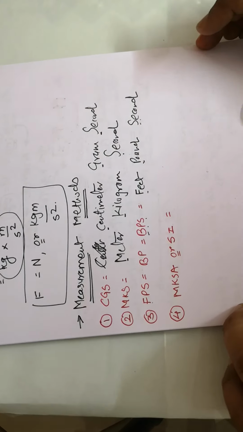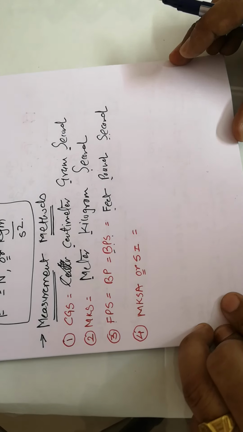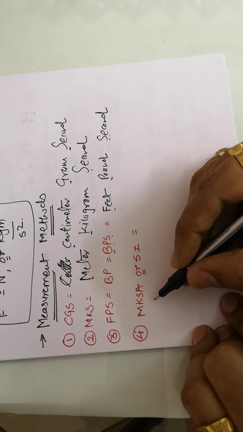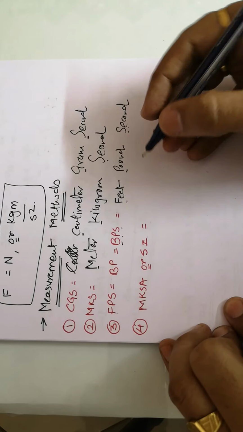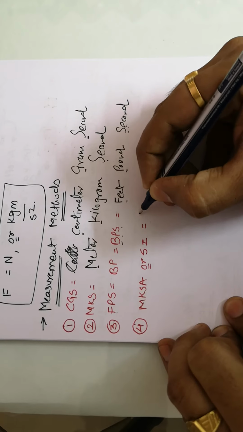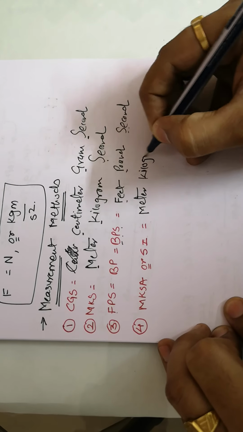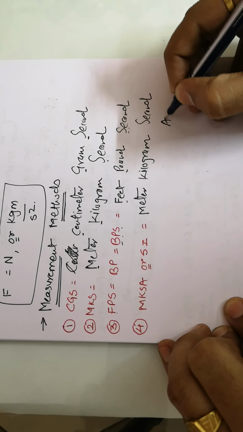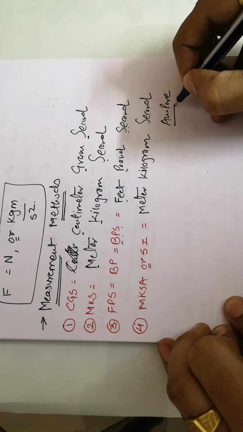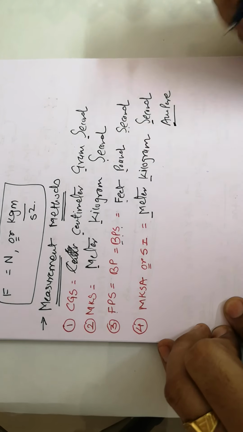So these were the units which people were using previously, before the International System, which we are moving toward. MKSA is the fourth part. In MKSA, it is meter, kilogram, second, and ampere method. You can say MKS and A method.